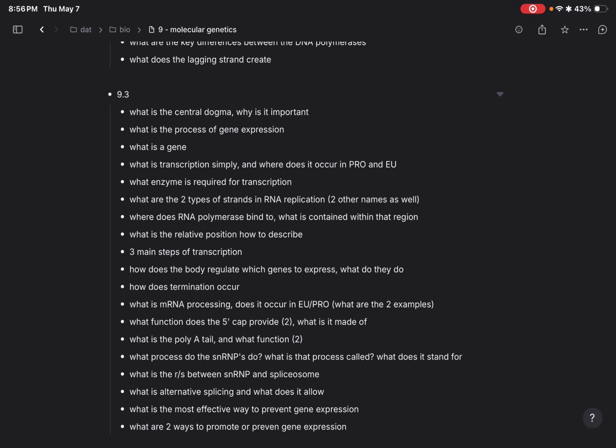Oh, a template and non-template. So the template strand is the non-coding strand, and that non-coding strand is also called the antisense strand. The template strand is what gets copied into RNA. So in the end you're going to get the exact coding strand, except with uracils instead of thymines.